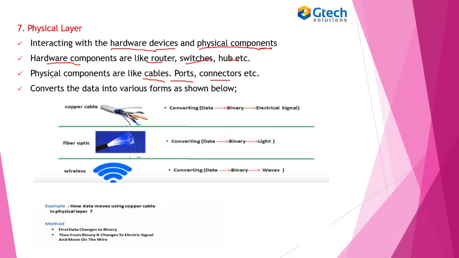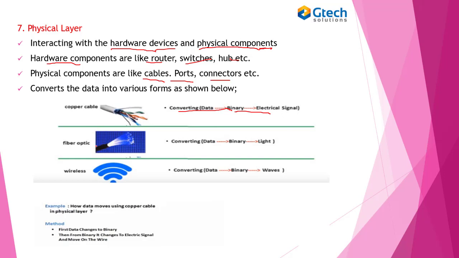Then at this layer, it's where the data is converted into various forms, as you can see. When you are using copper cable and twisted copper cable, the data is first converted to binary, then is converted to electrical signal before sending.